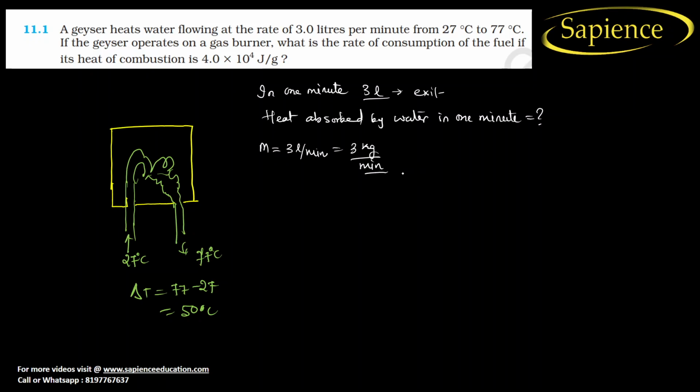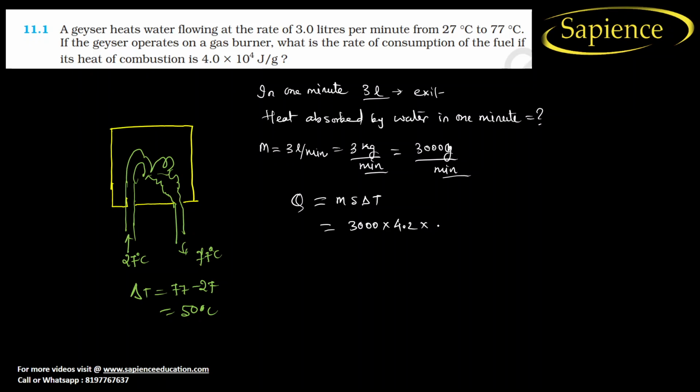Okay. We can also convert it into grams. So this will be 3000 gram per minute. So this is the water flow rate. Okay. So the heat flow rate, heat absorbed by the water per minute, is equal to m into specific heat of the water into delta T. So the mass of the water passed in 1 minute is 3000 gram and the specific heat of water is 4.2 joule per gram per degree.